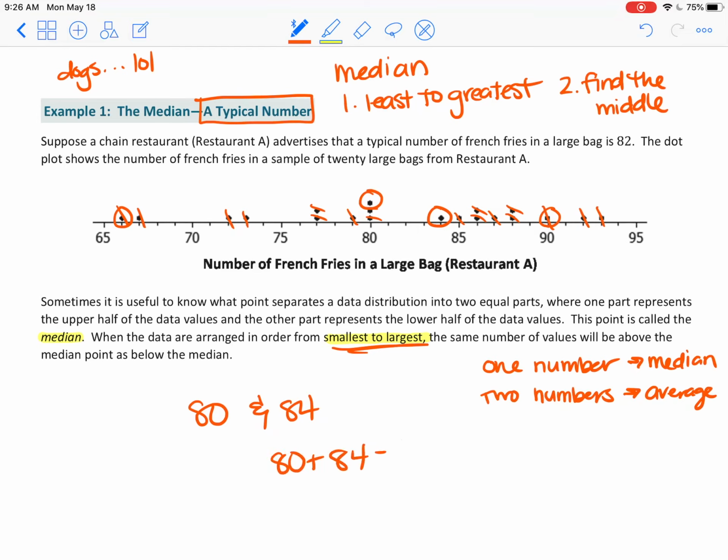And then divide by 2, which is 82. So when we have 2 numbers, we want to find the average of the 2 numbers, or the mean of the 2 numbers, which is what we just learned how to do in the last video. Okay?